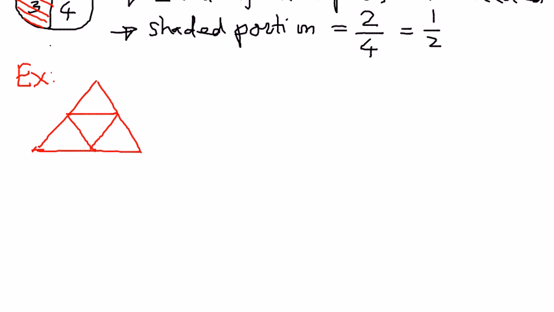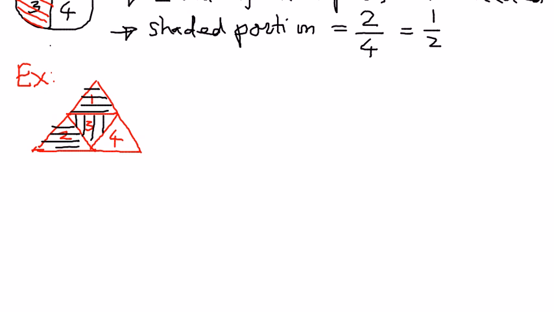And now let me say this part here is 1, this part is 2, this part is 3, this part is 4. And if I say 3 out of the 4 parts are shaded, let me shade these regions here. That part is shaded, this part is shaded, and this part is shaded. So 3 out of the 4 parts are shaded.